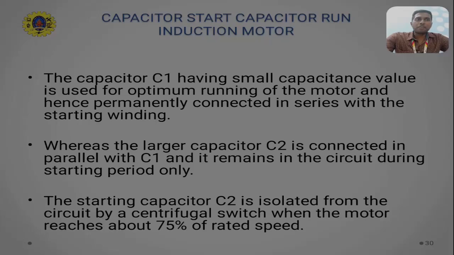The value of capacitor C2 is very high, and it is connected in parallel with capacitor C1. This capacitor remains in the circuit only during the starting period. Here the starting capacitor C2 is isolated from the circuit by the centrifugal switch. Once the motor reaches its rated speed, the capacitor C2 gets disconnected.